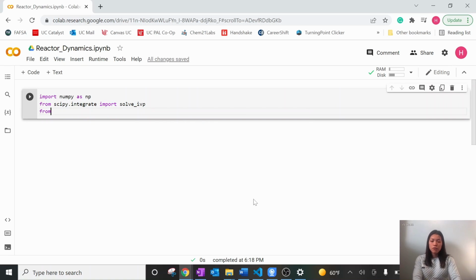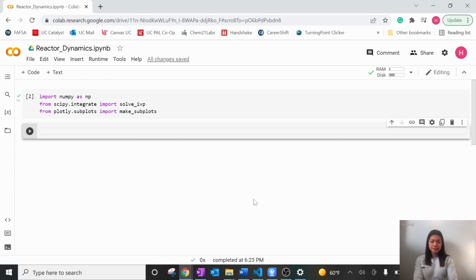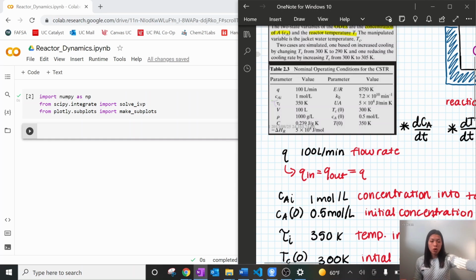And then from plotly.subplots, P-L-O-T-L-Y, we are going to import make_subplots. So this is going to allow us to plot our simulation.